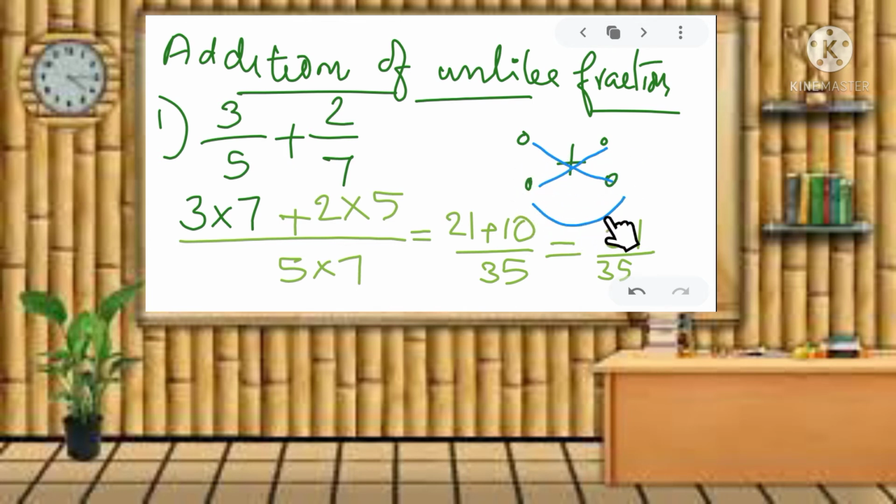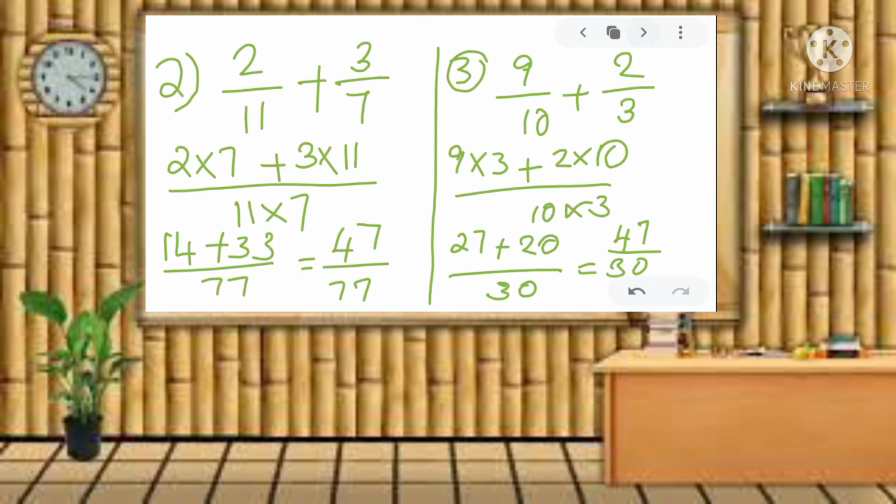And the denominator also. So 3 into 7, cross multiplication. 3 into 7 plus, this is the symbol plus, and 2 into 5 divided by 5 into 7. 3 into 7 is 21 plus 2 into 5, 10, by 35. That is 31 by 35.